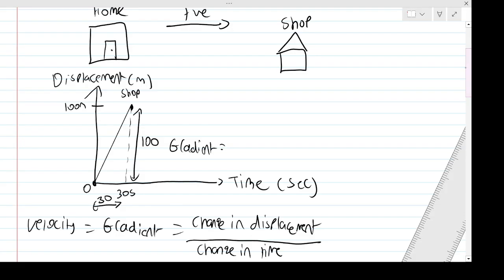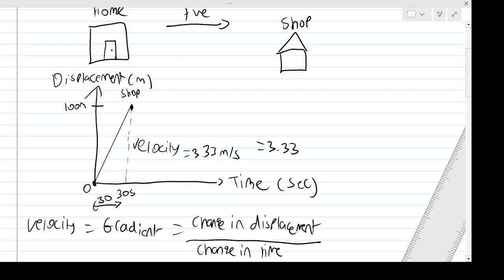So the gradient of the line here is 100 over 30, or as a number 3.33. Now that's the gradient, so that means the velocity will also be 3.33. So the velocity is the same as the gradient here, which is 3.33 meters per second.